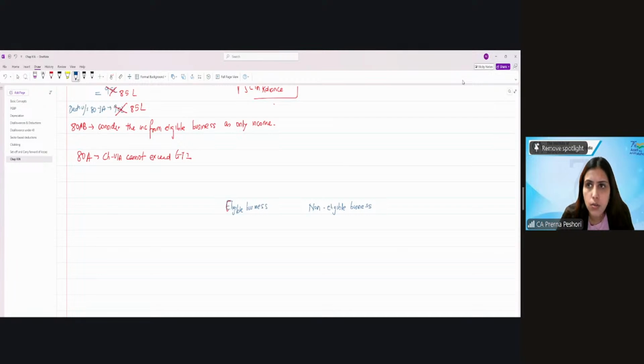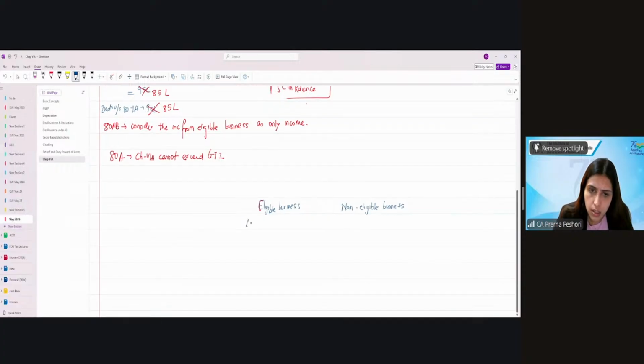Okay. So let's say my loss is 20 lakh and here the profit is 70 lakh. Now the question that arises in this case is that the profits are exempt. So will you be saying that the loss is also exempt?